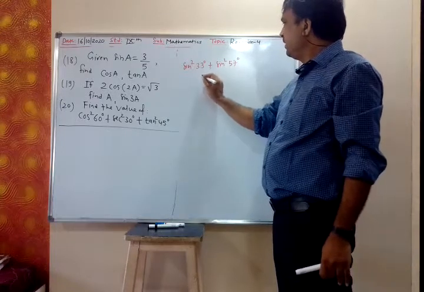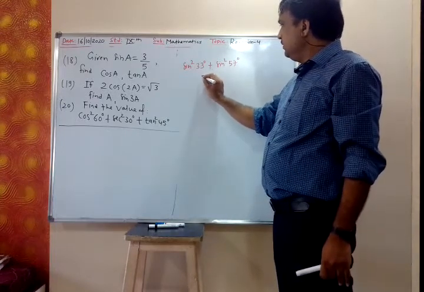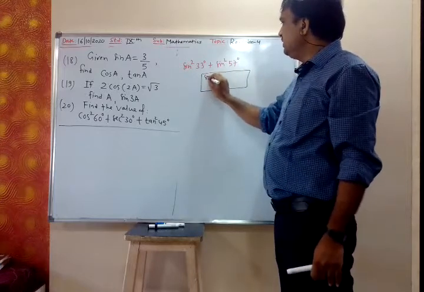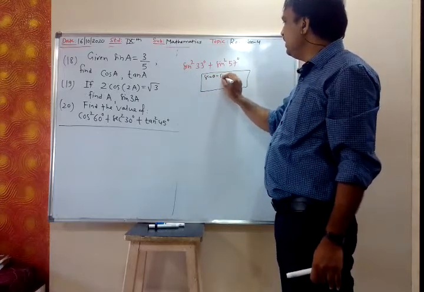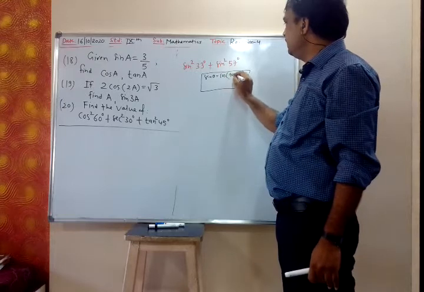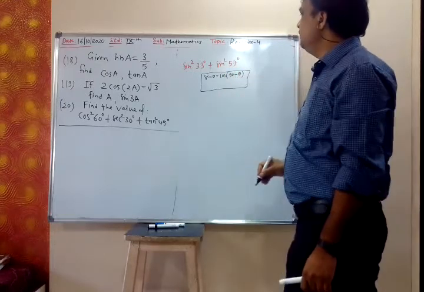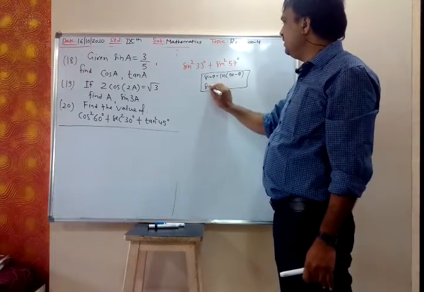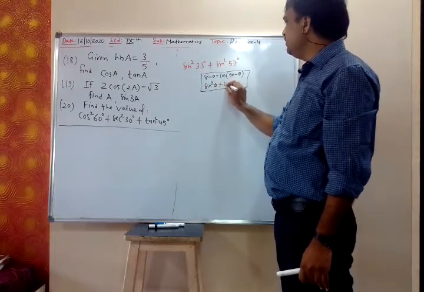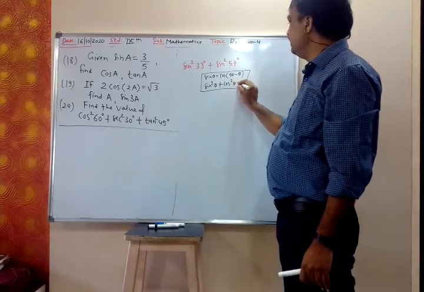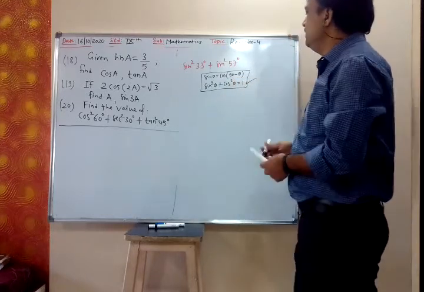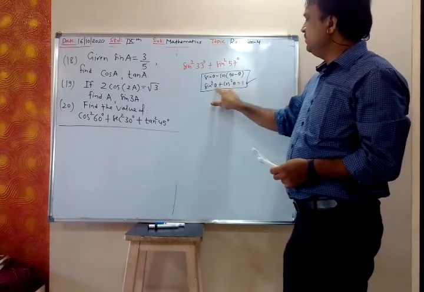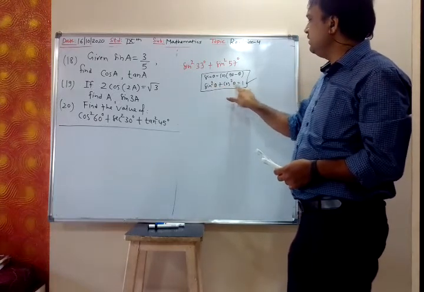See here. Now we use the complementary angle formula, that sin theta is equal to cos(90 minus theta), and we have proved that sin square theta plus cos square theta is equal to 1. Whenever the theta value is same, sin square theta plus cos square theta is 1.